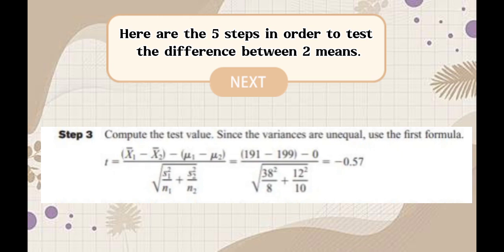The variance of the first group is 38 over the sample size, which is 8. Next, the variance of the second group is 12 over the sample size 10. We get a total of negative 0.57.